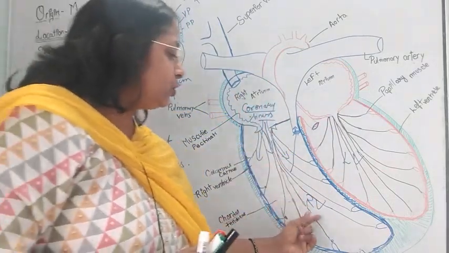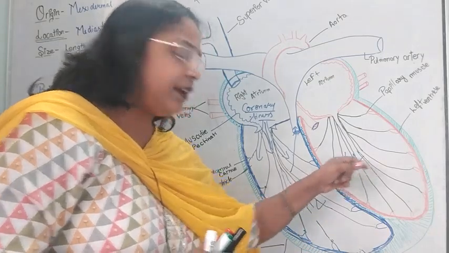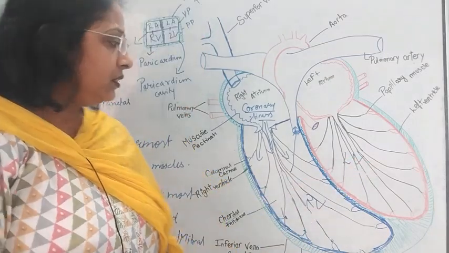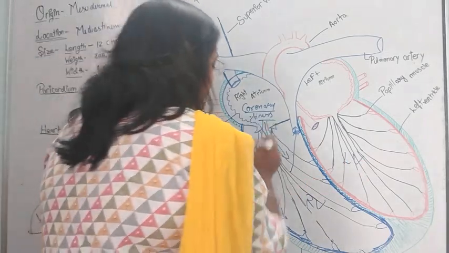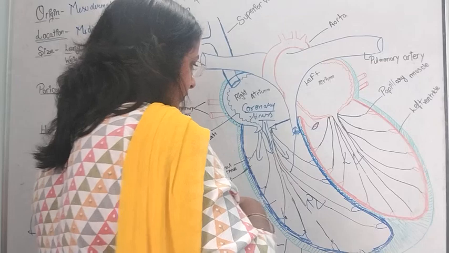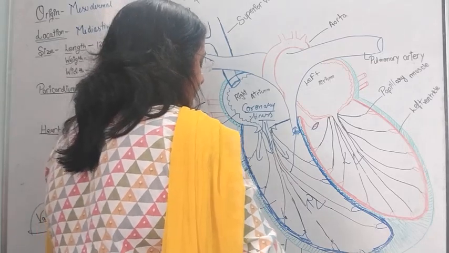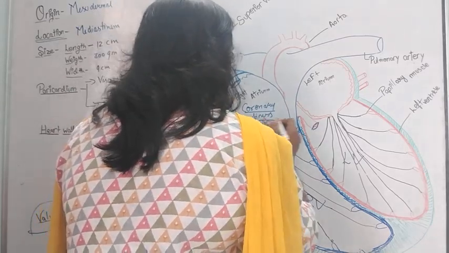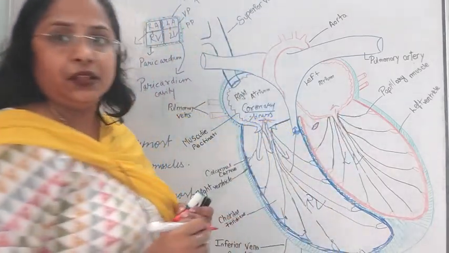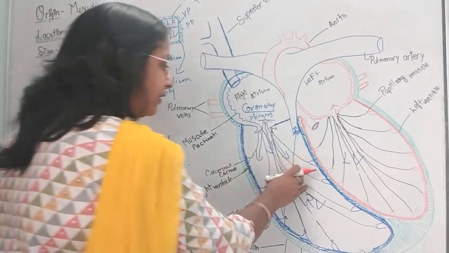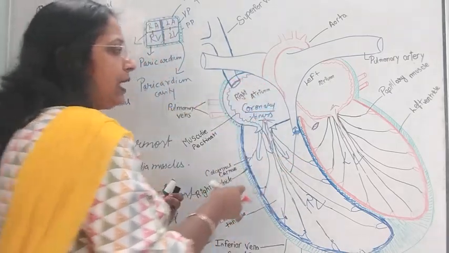Whenever the right and left ventricles contract, the blood could also go back from ventricle to atrium. We don't want the ventricle's blood to go to the atrium.